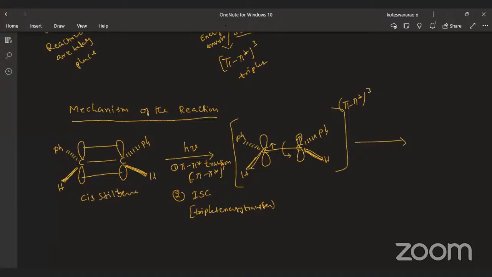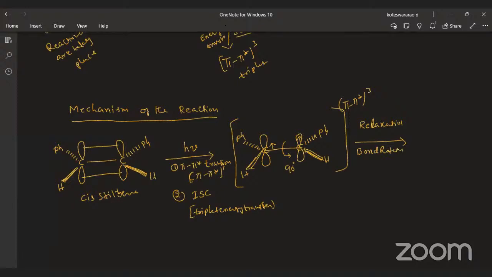First, it undergoes relaxation. The triplet excited state undergoes relaxation, that means the triplet state is converting into its corresponding singlet state. How is it relaxing? By undergoing CC bond rotation up to 90 degrees.